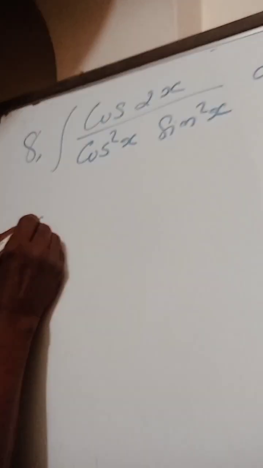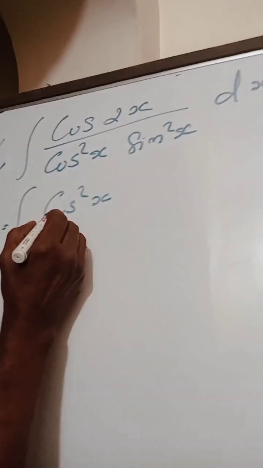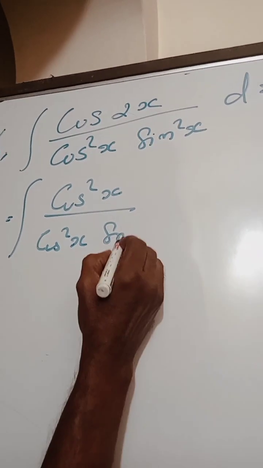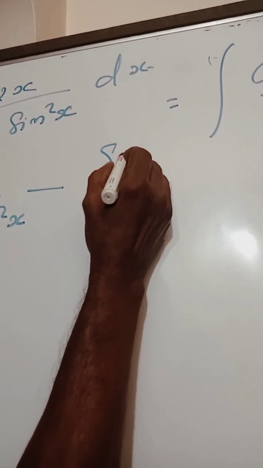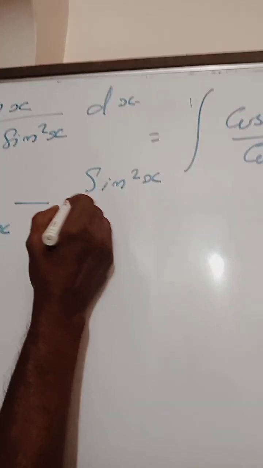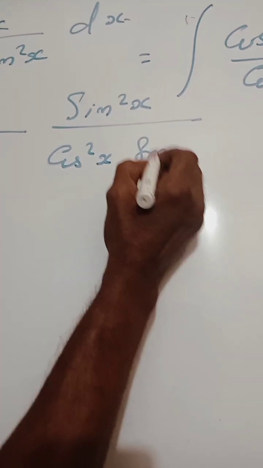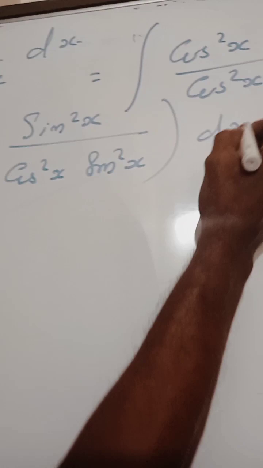This is equal to integration of cos square x divided by cos square x sin square x minus sin square x divided by cos square x sin square x, the whole into dx.